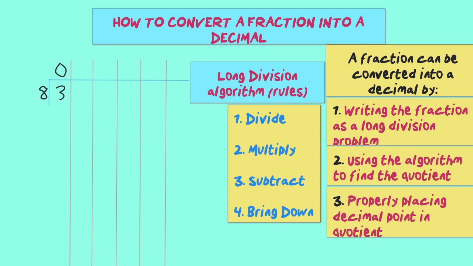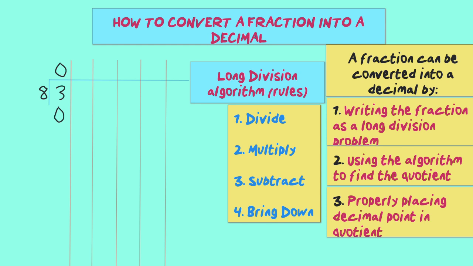Now we multiply. That's the second step. What is 8 times 0? 8 times 0 is 0. Our next step, we subtract.